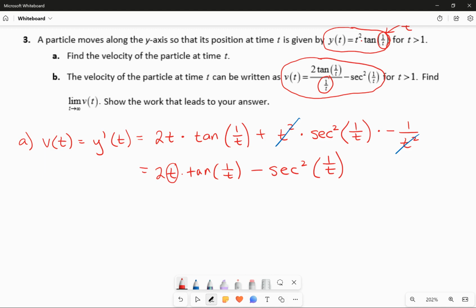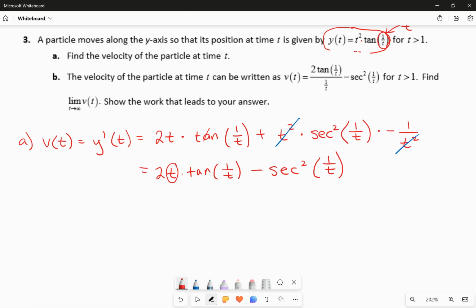I also want you to see that multiplying by t is in fact the same as dividing by 1 over t. You would probably simplify this expression as 2t times tangent of 1 over t. So again, why would they want to write it like this in the problem? The answer to that is in the question that they're actually asking in part B.